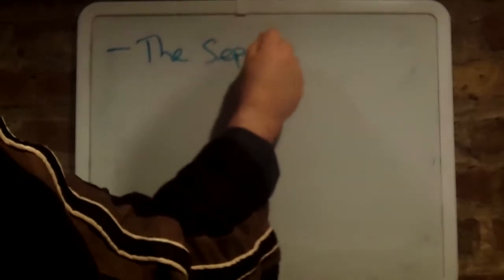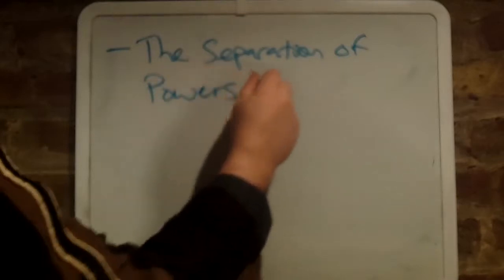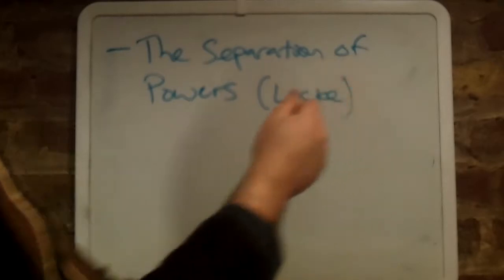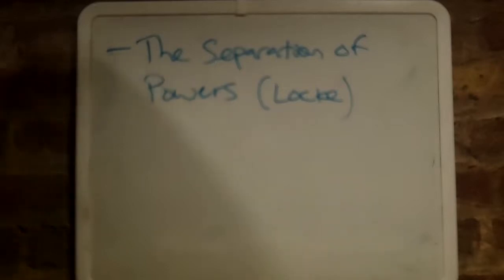So out of those new ideas, we have the separation of powers, which I believe was an idea from John Locke, who was a philosopher in England in about that period.